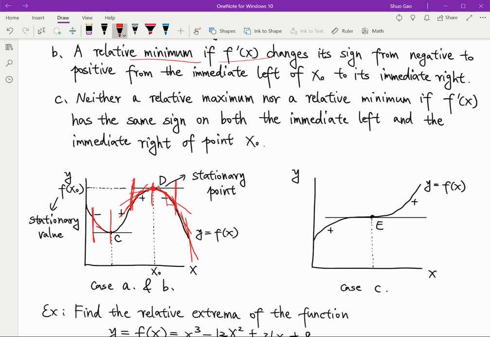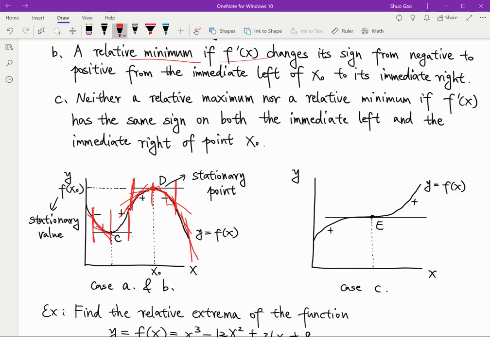it's a decreasing function, right? For a decreasing function, we know that the slope is negative all the time. No matter what point you choose in this small interval, the slope of the tangent line should be negative. And for the immediate neighborhood to the right of C, it's an increasing function.